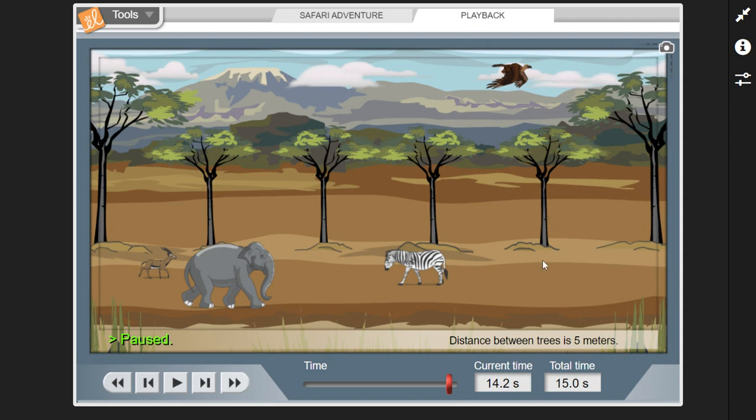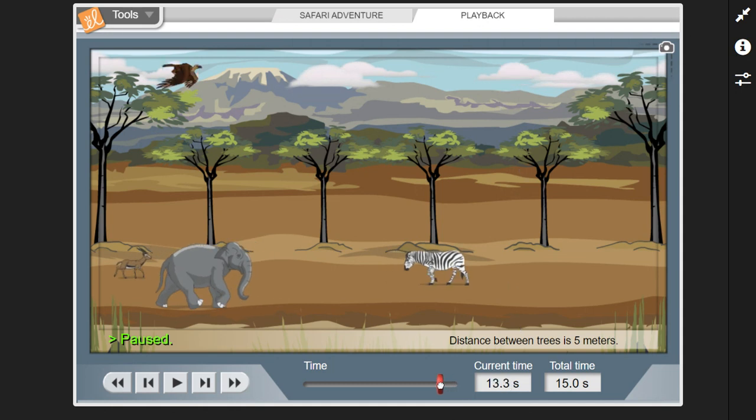And then the time, we ended at 14.2. But what was our start time? Let's go back to where they were at the beginning of the tree. So let's do 13.3. On our calculator, we do 14.2 minus 13.3. Wow, 0.9 seconds was the time of the vulture.